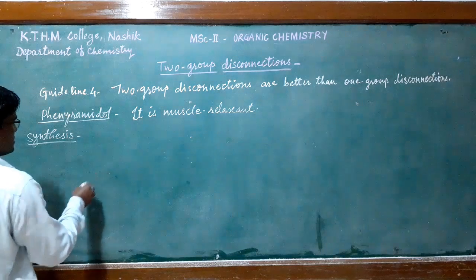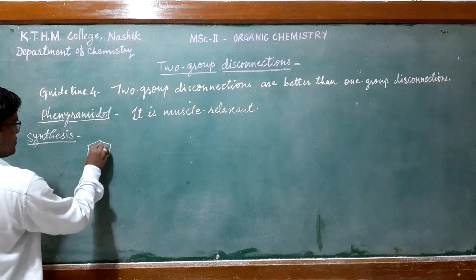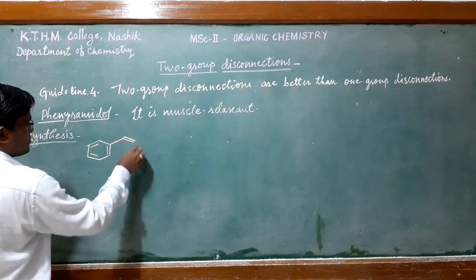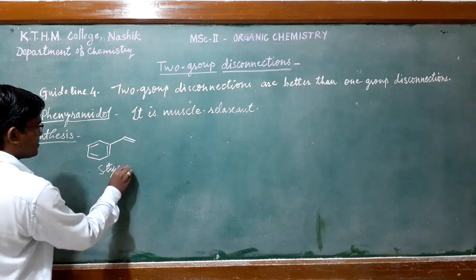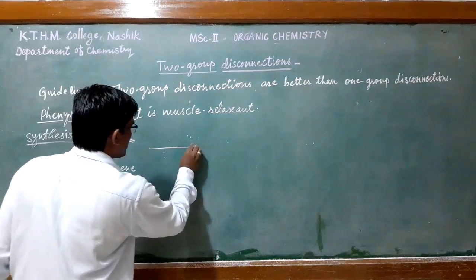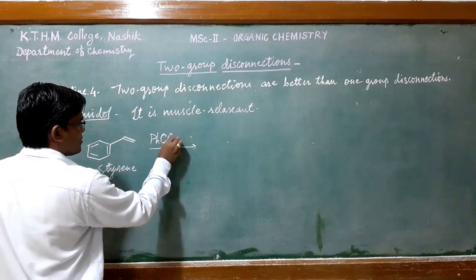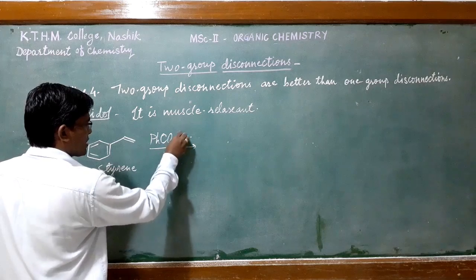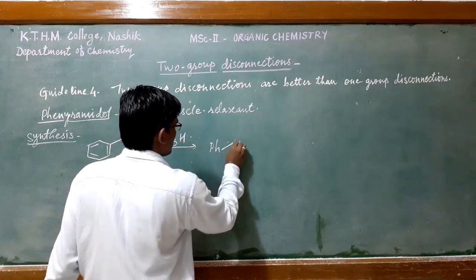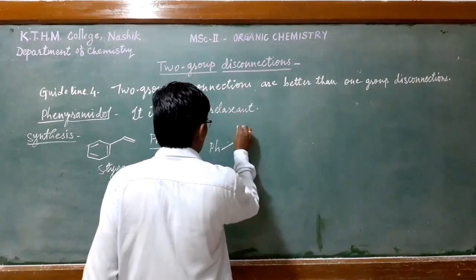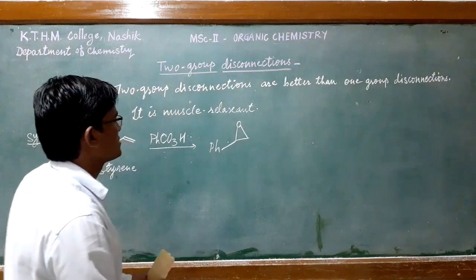In synthesis, we can use styrene as a starting material. Then the treatment of the styrene with perbenzoic acid, okay, you could get this epoxide.